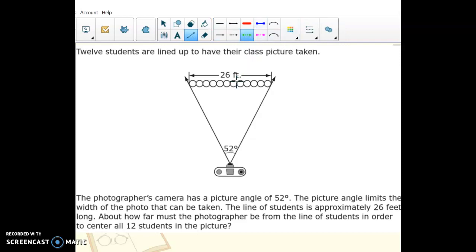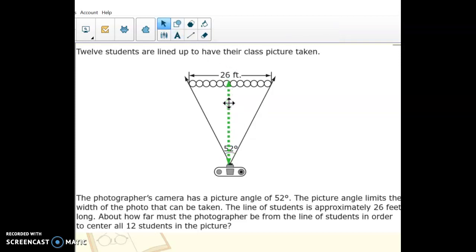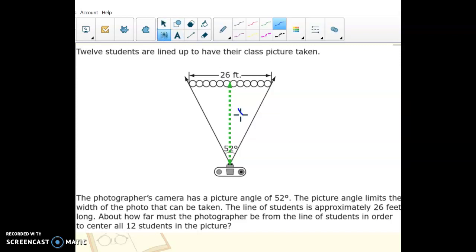Okay, so basically what we want to find is right here, this distance from the camera to the students. I'm going to call that x. And we don't have a right triangle initially. The initial triangle is not a right triangle. But if we use half of it, this is a right angle here.